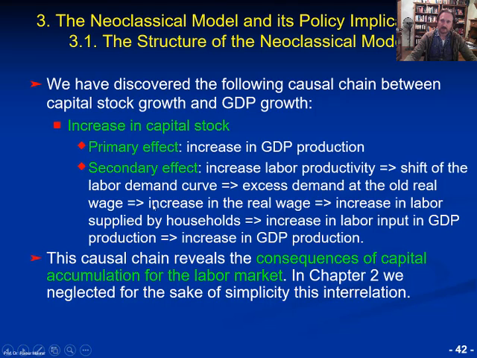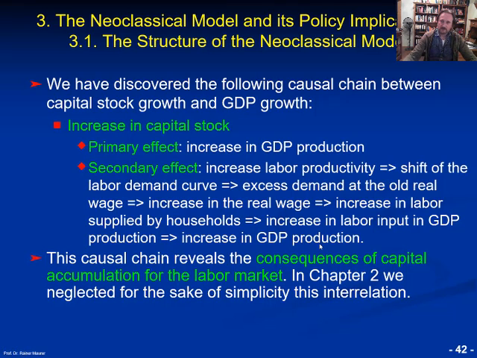This excess demand leads to an increase in the real wage rate. This increase in the real wage rate causes an increase of labor supplied by households, and this increase in labor input, made possible by this higher labor supply, causes a higher GDP production.